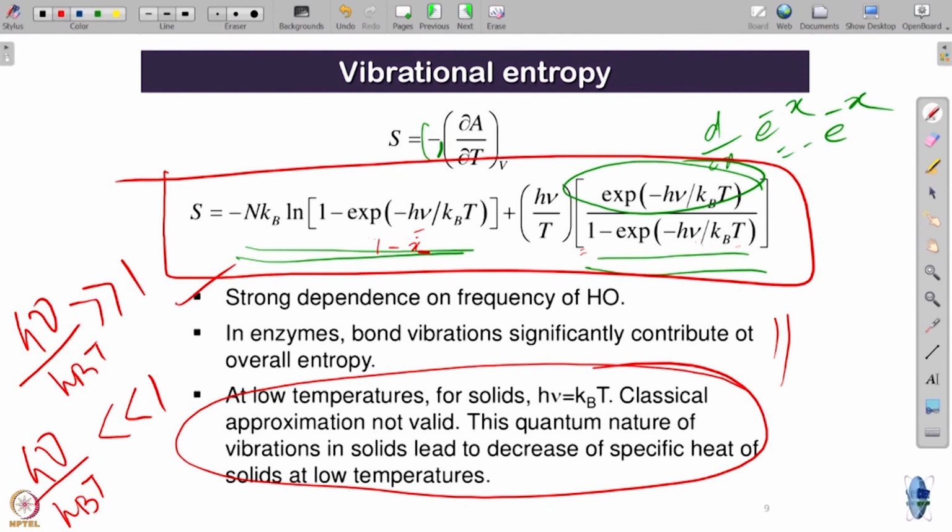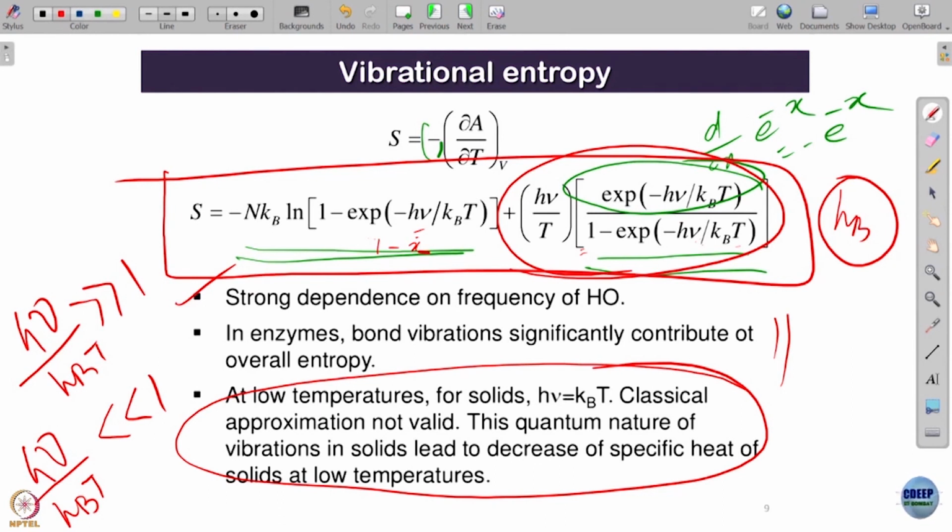So I have 1 only from the numerator. In the denominator I have h nu by kBT, and that now cancels h nu by T, and I am left with a kB term here, and that goes upstairs. So I get just a kB contribution from the entire thing, and I get a contribution from h nu by T from here.